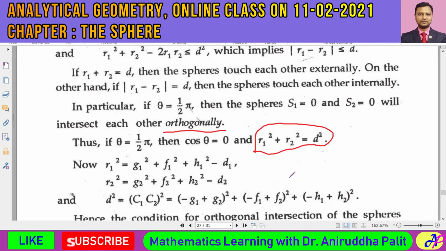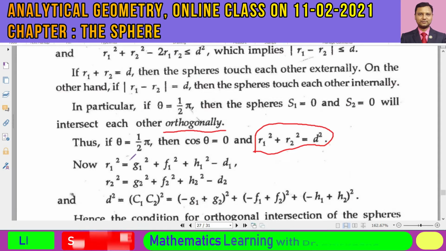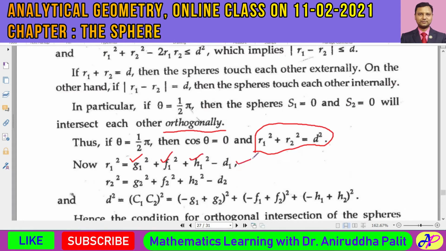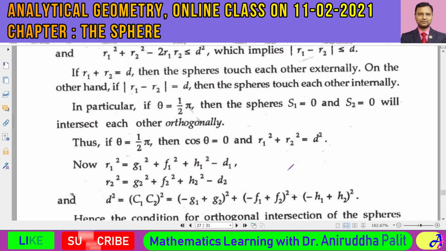And what is r1? R1 would be computed in this fashion: g1 square plus f1 square plus h1 square minus d1. That would be the expression of R1. Similarly, we can compute the expression of R2.